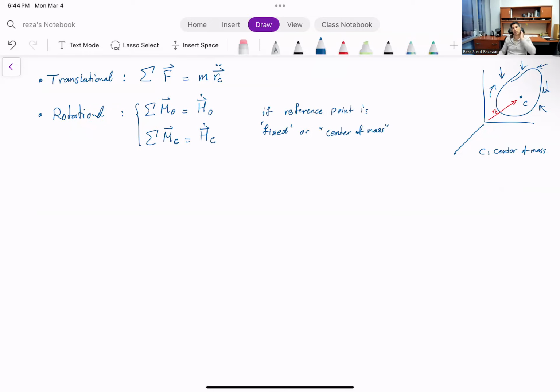If it's any other arbitrary point that may have accelerations, we saw in the past that the equations take another term. Essentially, you have to consider the acceleration of that point too.